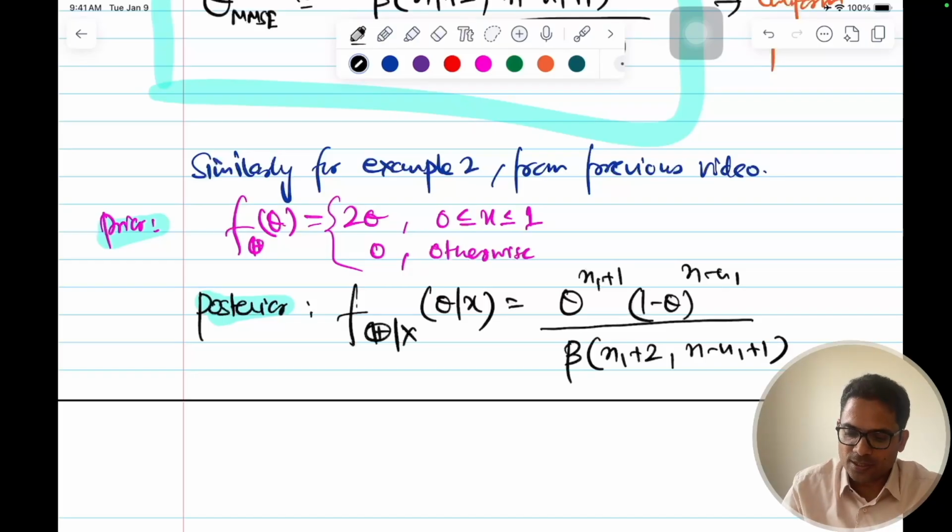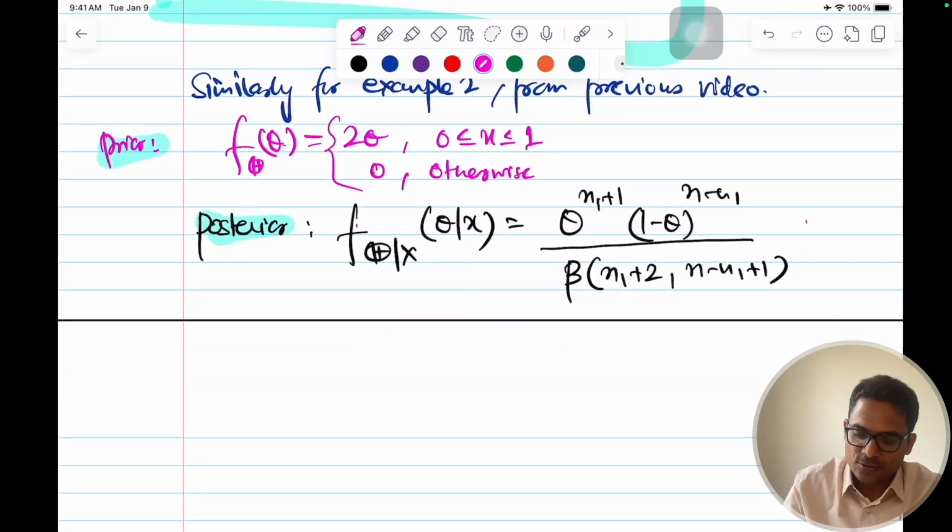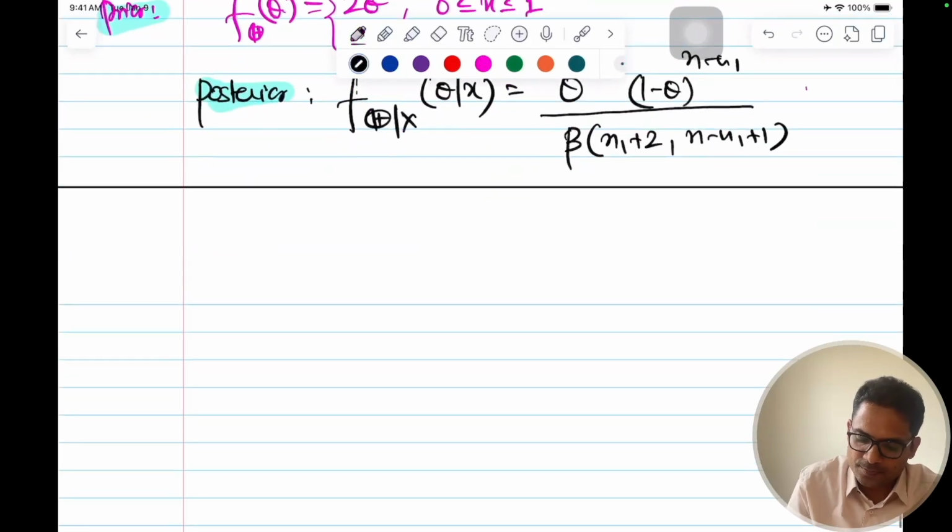Okay, so this was my posterior. So posterior is already there. Okay, right. So after this, I have to calculate my theta MMSE, theta predicted MMSE.